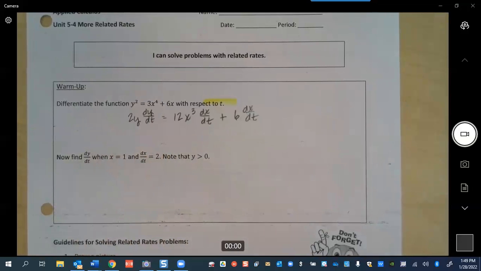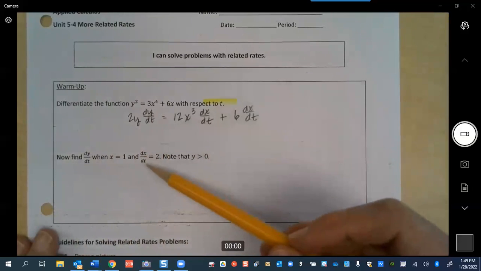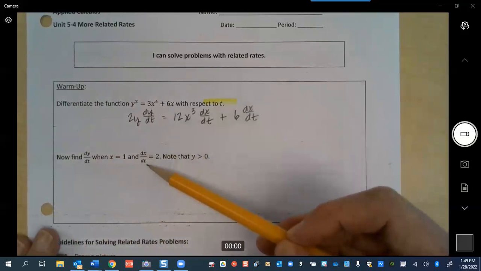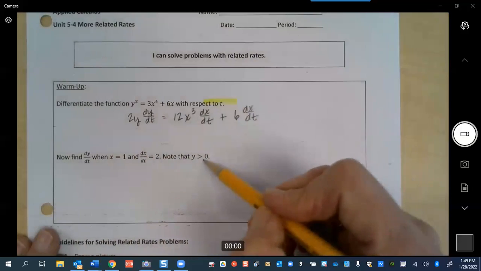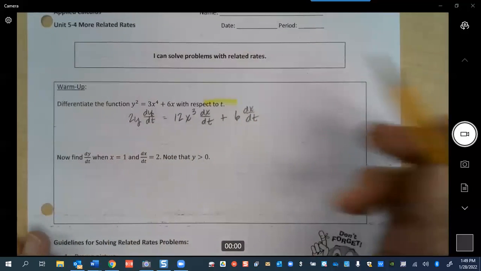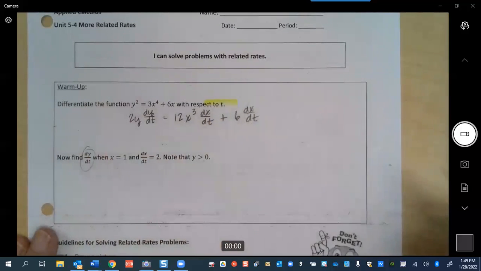All right, so now it says, now find dy/dt when x is equal to 1 and dx/dt is equal to 2. Note that y is going to be greater than 0. So now I know what it is I'm finding, right?